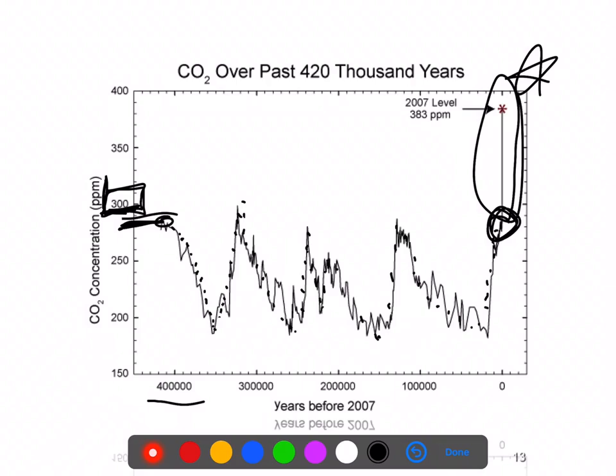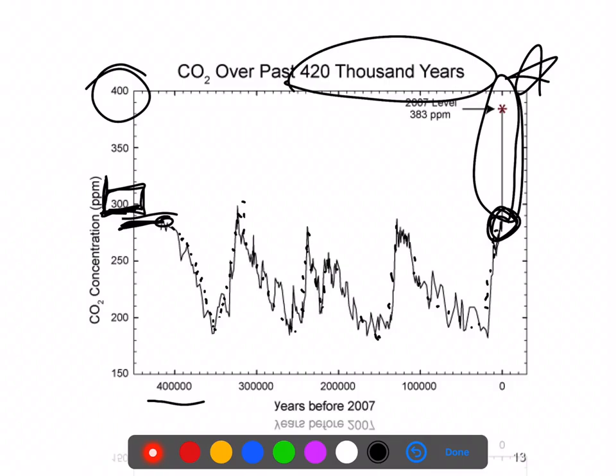So we're convinced that this is attributed to human activity and not to natural phenomena. In fact, recently, the CO2 levels have surpassed 400 parts per million. That hasn't happened in over 500,000 years. This is us. We're doing this.